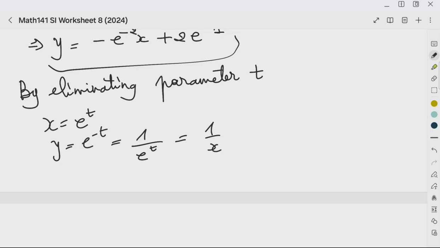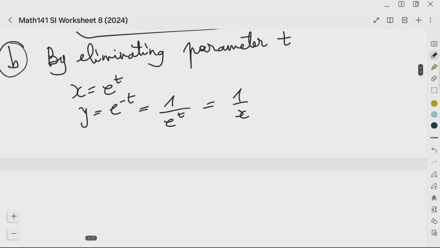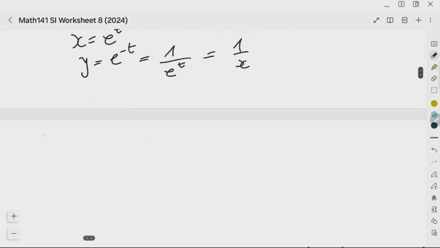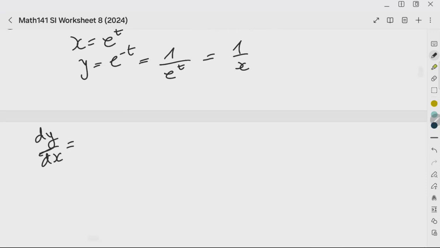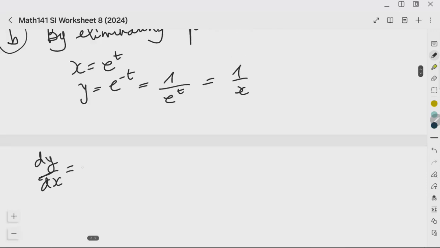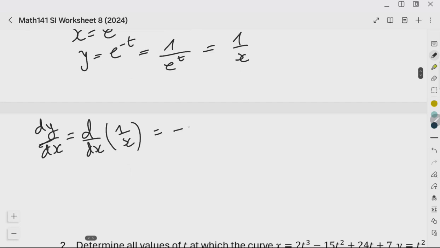Right. And then, since we have y in terms of x, we can find out what is dy dx. Easy. Just take the derivative of 1 over x in terms of x, which is minus 1 over x squared. Okay.